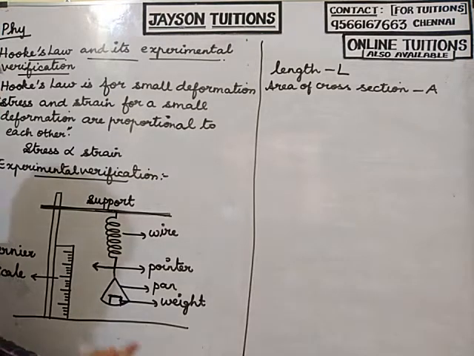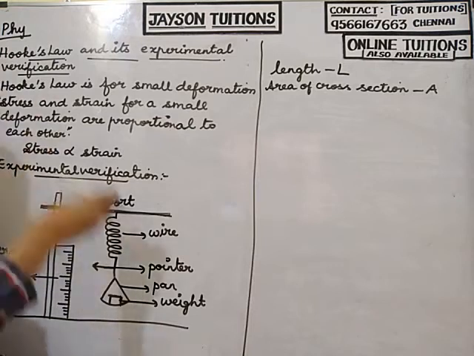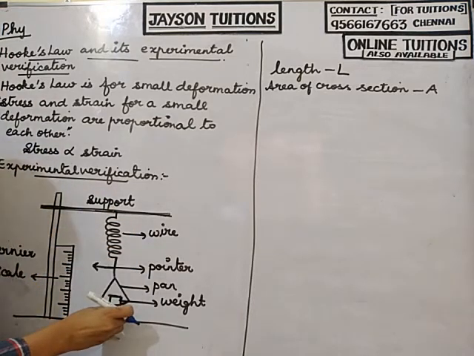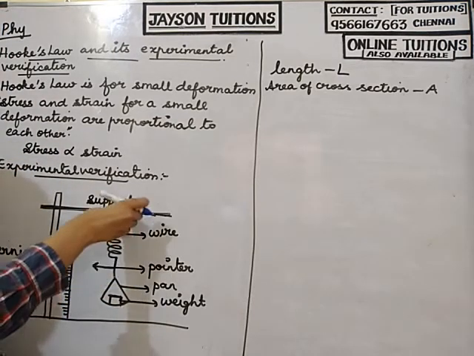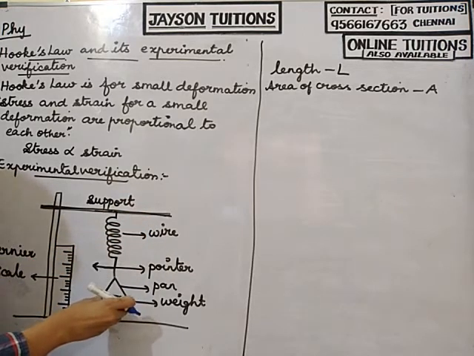Understood? Now, what will happen if I keep the weight here? This wire will elongate. Why is it elongating? Because this weight will produce a force. That force will pull the wire downwards.